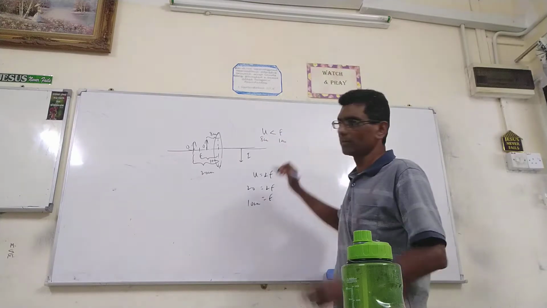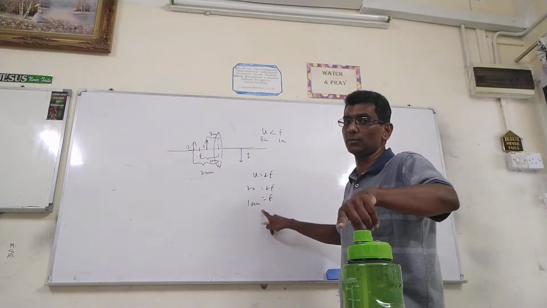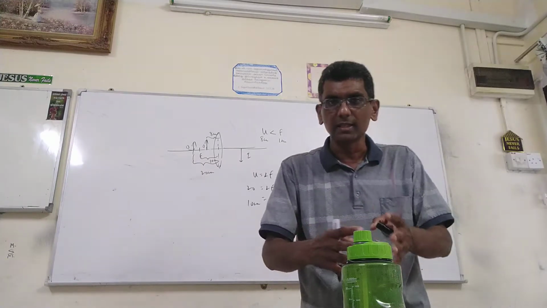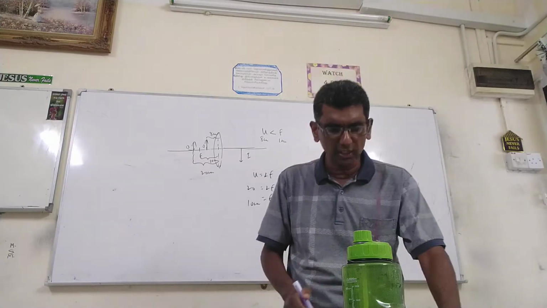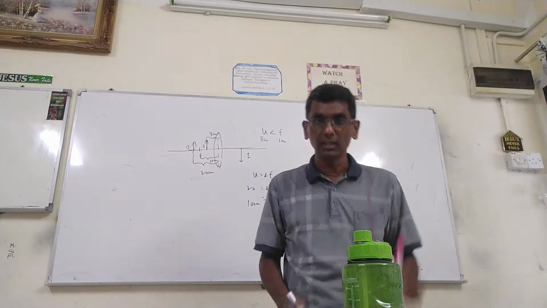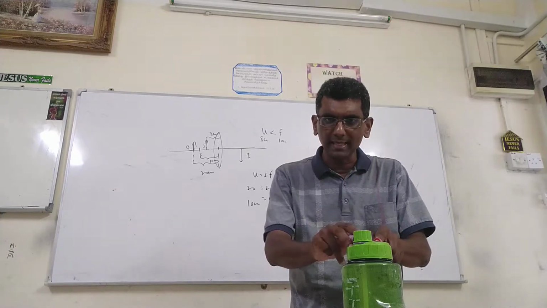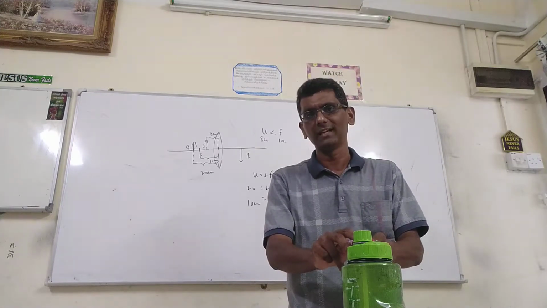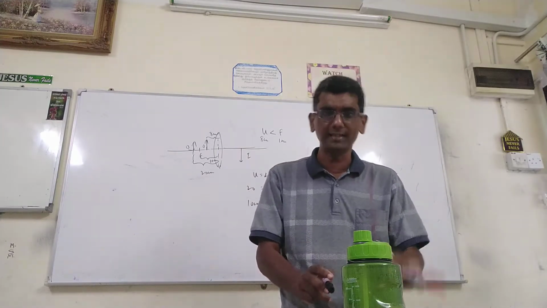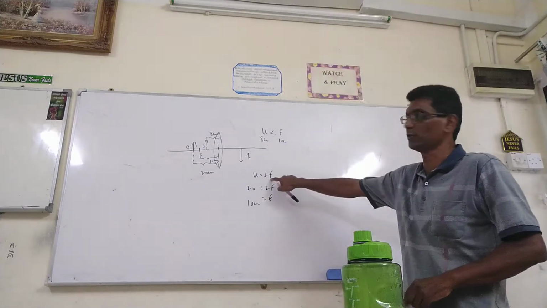It is the same lens, so the focal length must be the same. Two situations: in the first, the object distance is 20 cm; in the second, the object distance is 8 cm. But the focal length is the same.